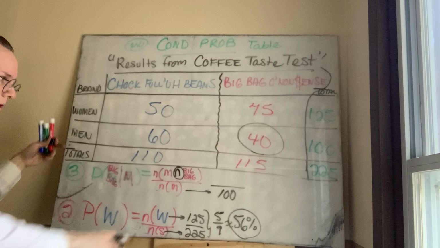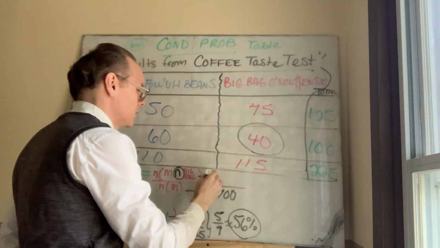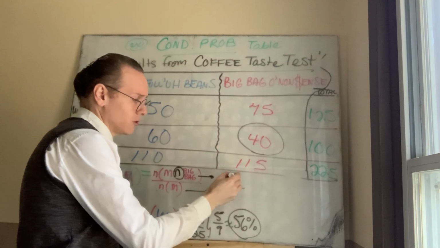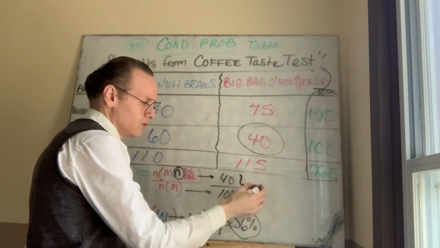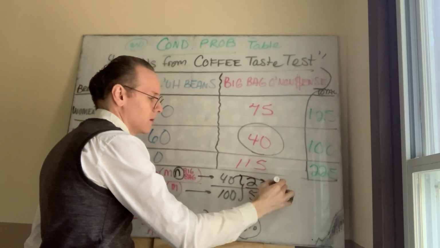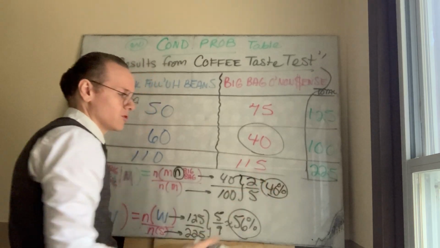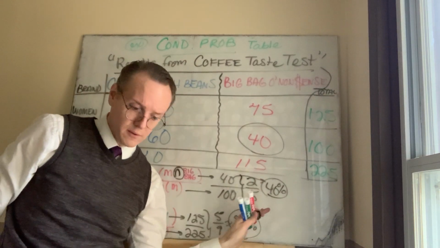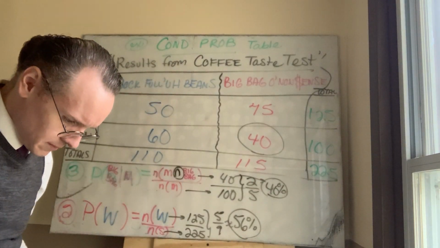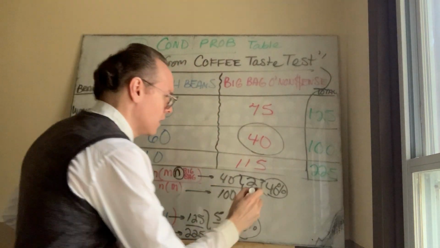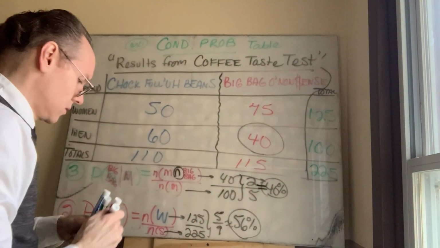It's in the table, so it's 40. 40 out of 100 is already 4 over 10 or 2/5 if you like it in the style of a fraction. But more practical would be to convert it to a percentage. If it's already over 100, it's already 40%, and it's exactly equal to that, as opposed to rounded at all.